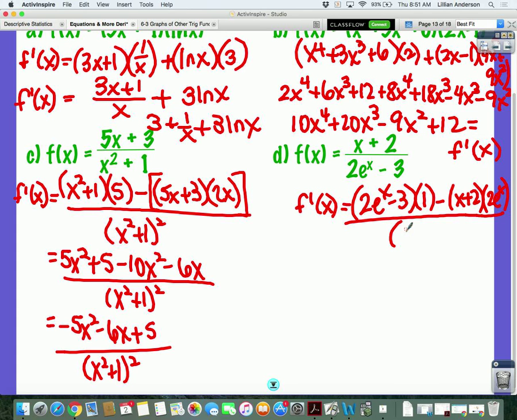All over low. Let's simplify. Once you apply the rule, everything else after that is just about simplifying. So be cautious.